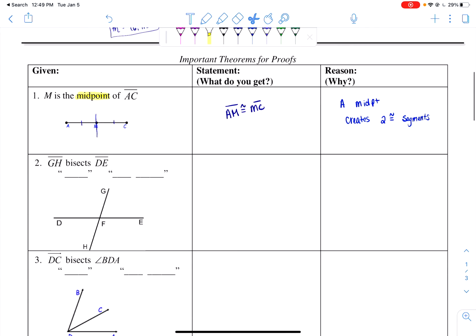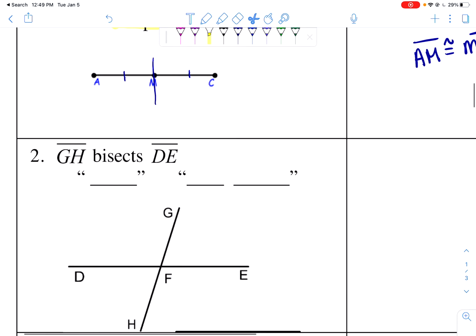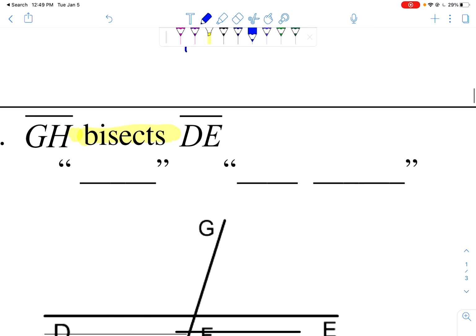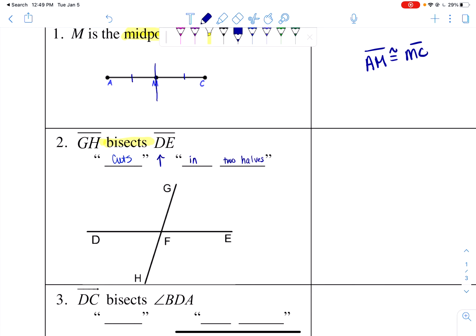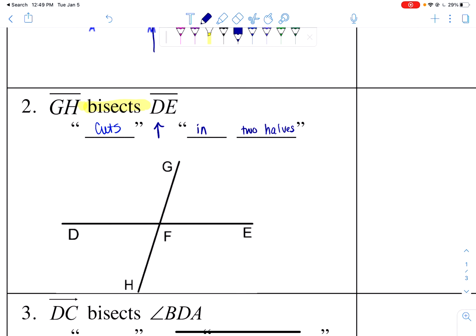Now, in our next example, line segment GH bisects line segment DE. Whenever you hear the word bisect, it's very similar to a midpoint. It cuts this line segment right here into two equal halves. So in a way, GH is acting like a knife. So I'm going to highlight the segment GH, and what it's doing is bisecting line segment DE.